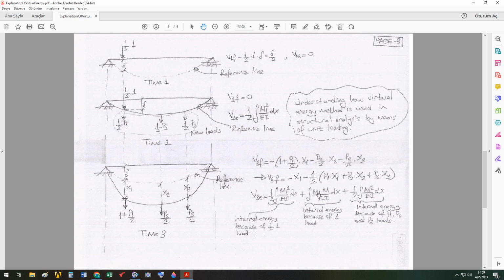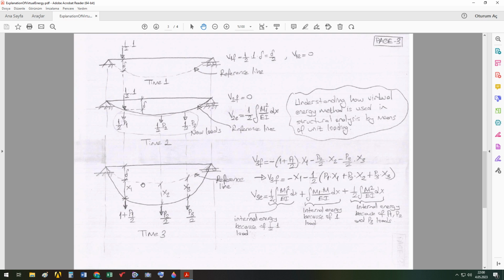So M1 is the internal moment, and the corresponding curvature is, as we know from the previous example, the moment function because of P1, P2, and P3. This is the internal energy because of one unit load. But its value is constant from that time to that time, or from time 2 to time 3.